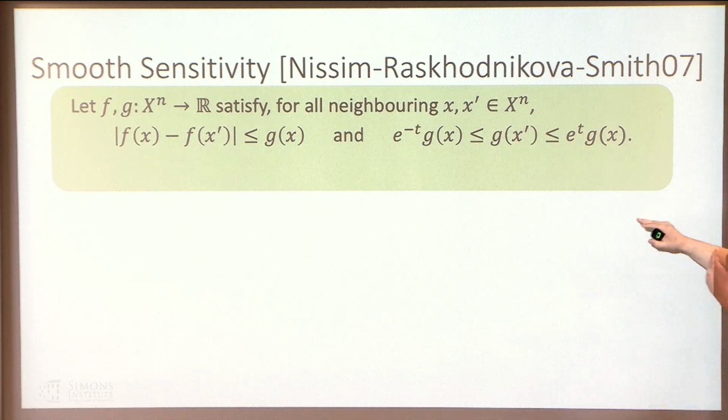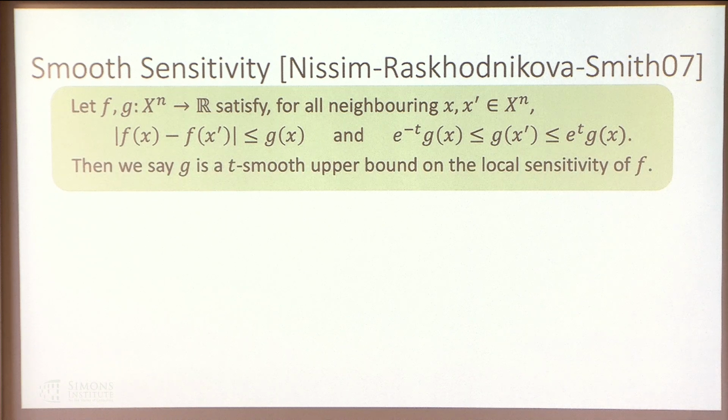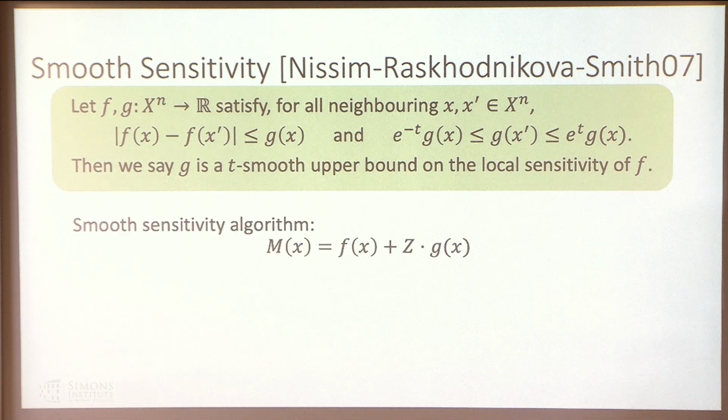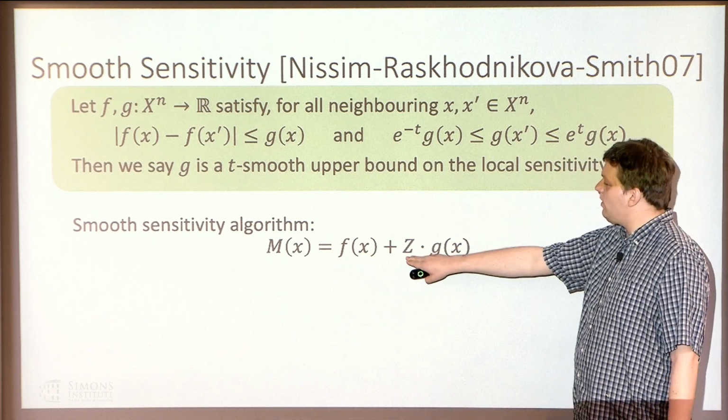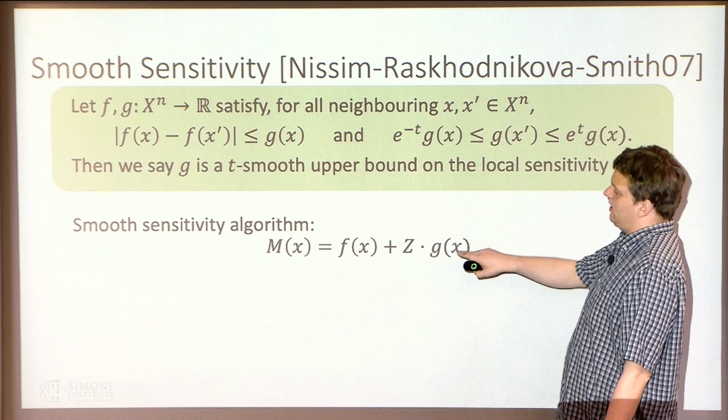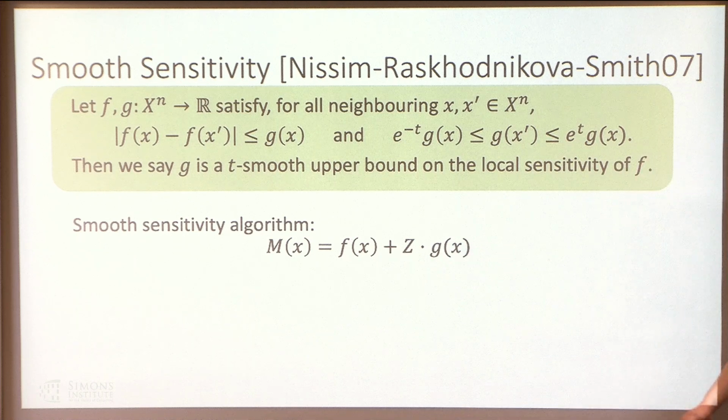On neighboring databases, g can only change by a multiplicative factor. Then we say g is a t-smooth upper bound on the local sensitivity of f. This is something a bit stronger than just local sensitivity. If we have this, then we can use the following algorithm: we take the function f that we want, and add some noise, but now we scale this noise according to g.